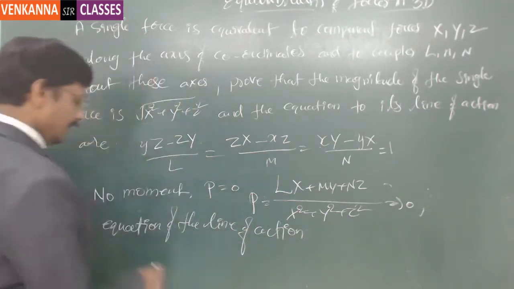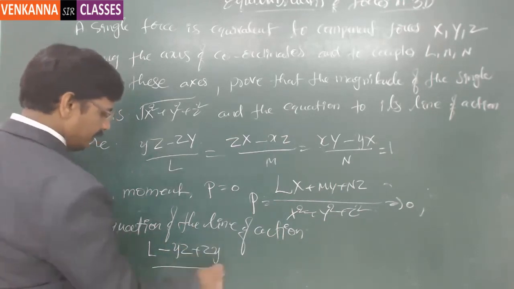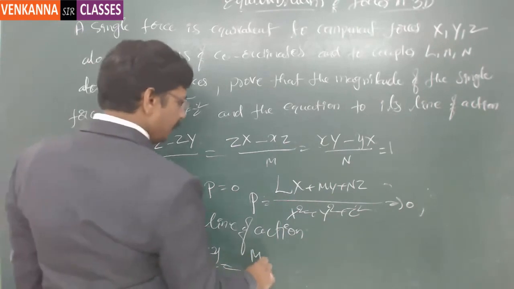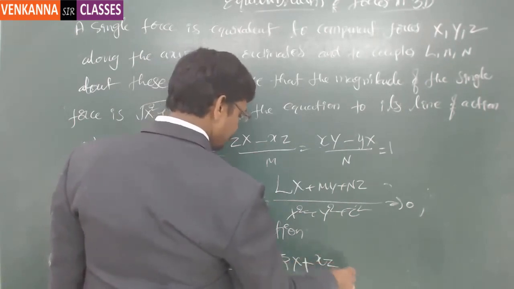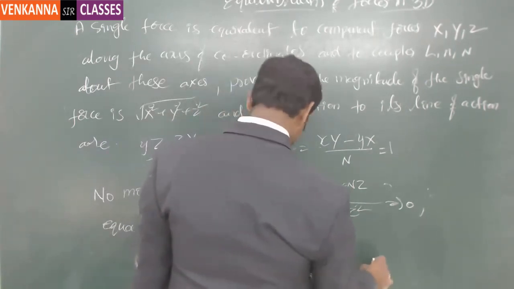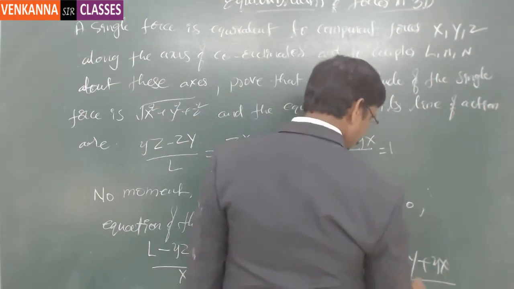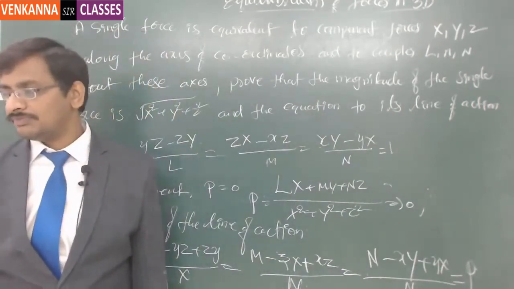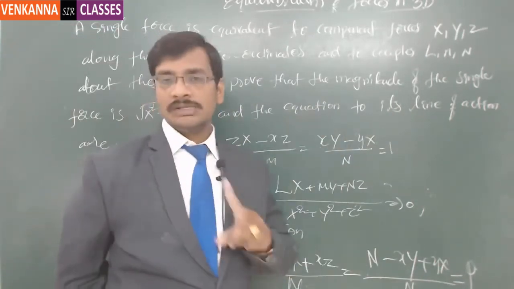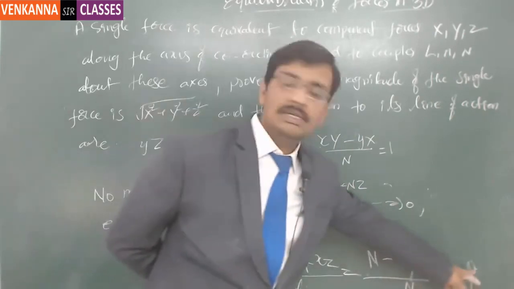That equation is (L minus (yZ minus zY)) divided by X is equal to (M minus (zX minus xZ)) divided by Y is equal to (N minus (xY minus yX)) divided by Z, and this value is equal to the P value, which is nothing but (LX plus MY plus NZ) over the sum of squares. Now, if it results into a single force, then obviously P value is going to be 0. So, if P equal to 0, then this is equal to 0.